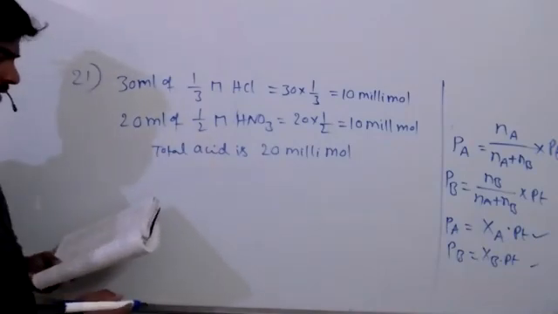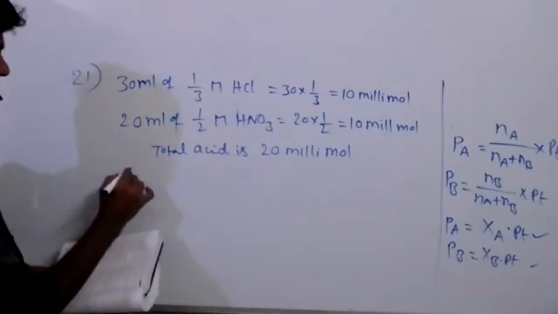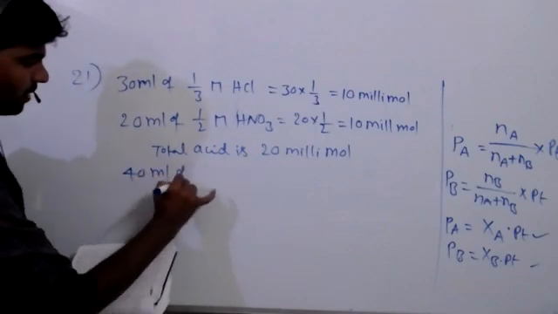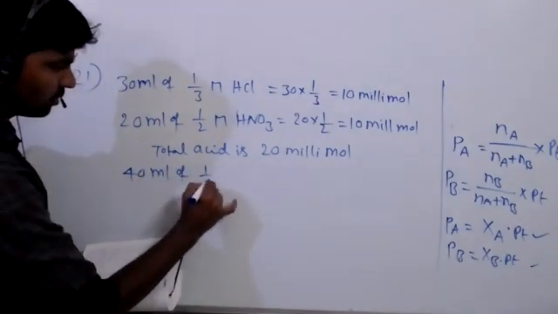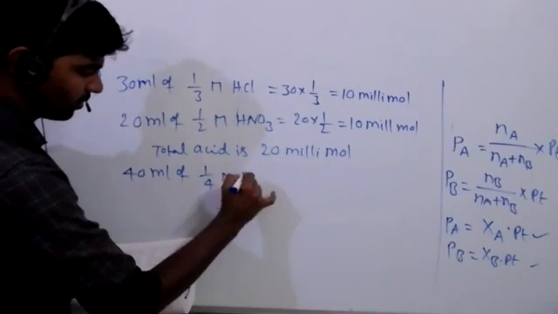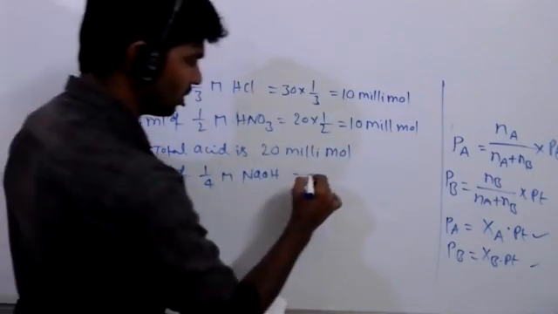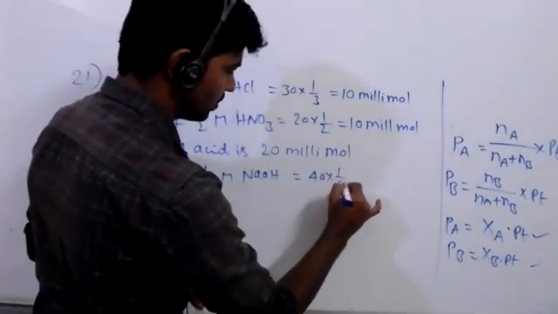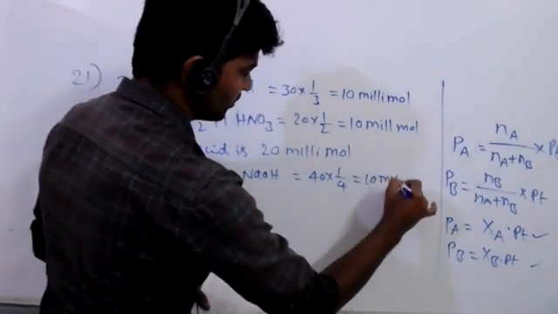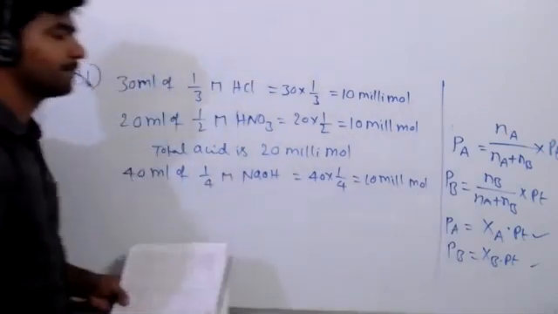Next, 40 ml of 1 by 4 M NaOH solution is equal to 40 into 1 by 4, 10 millimole.